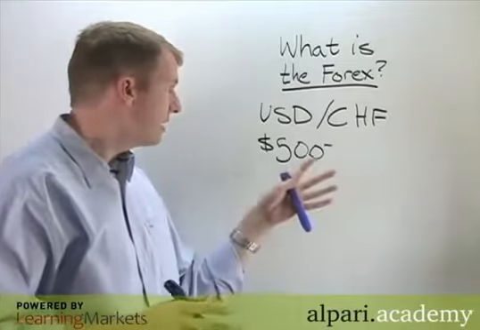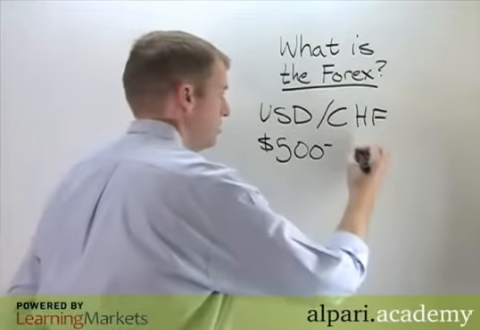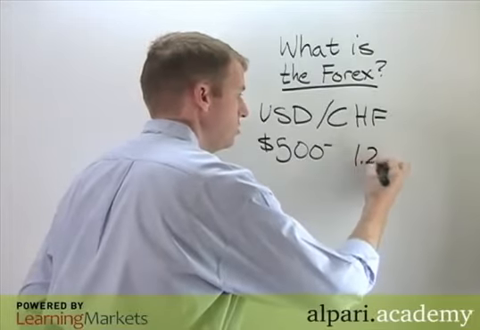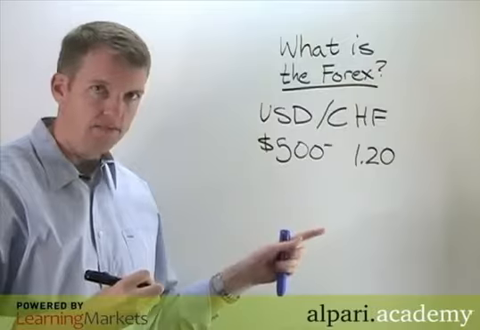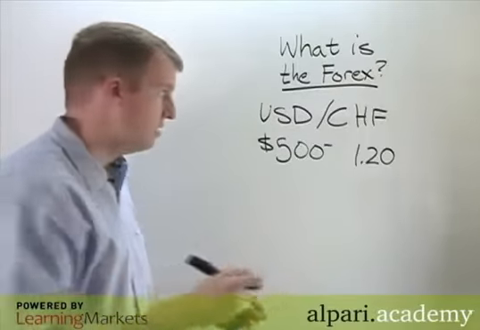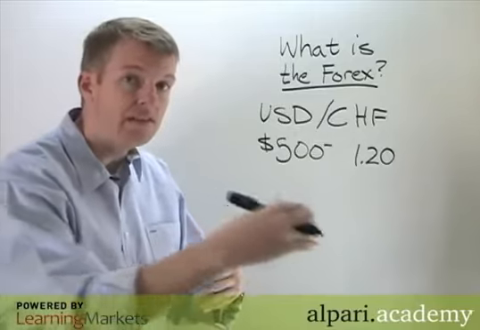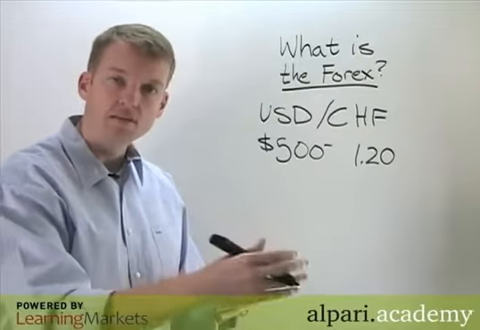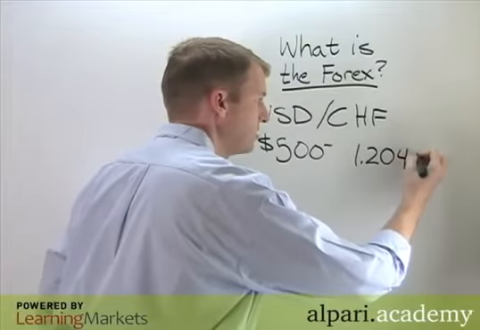The exchange rate right now, for example, on the dollar to the franc is 1.20 francs per dollar. Now it goes a little bit further than that actually, because in the currency market we take things out at least 4 decimal places and in some cases 5 decimal places. But we're going to stick with just 4 decimal places for now.